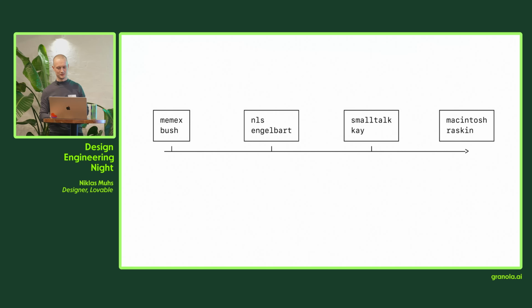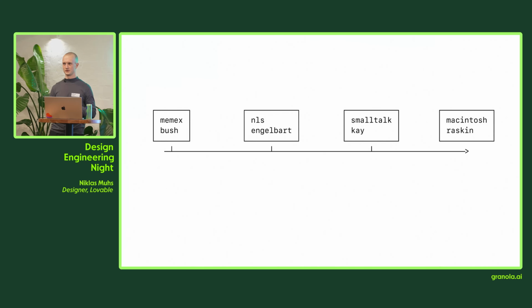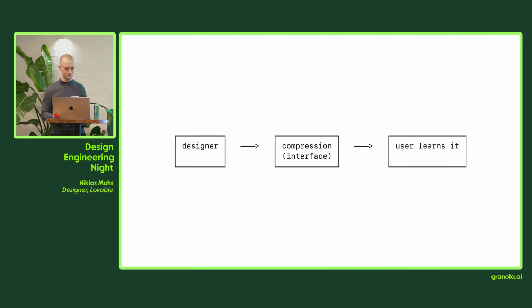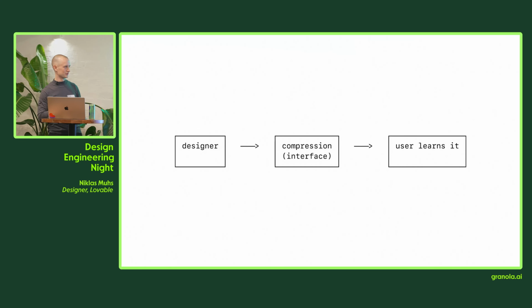And when they released Macintosh a few years later, they used fixed metaphors like the desktop, folders, and trash, which were easy to learn, beautiful, but didn't really evolve with the user using the system. And since then, we basically have this paradigm where the designer creates a compression for the user, basically the interface, and the user has to learn it to be able to use the system.